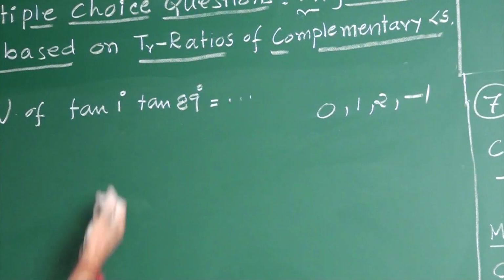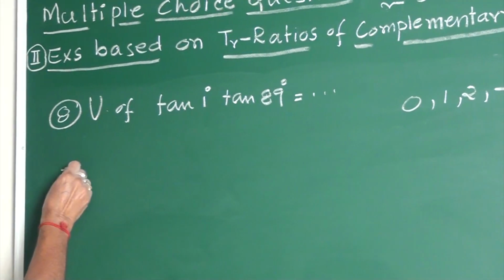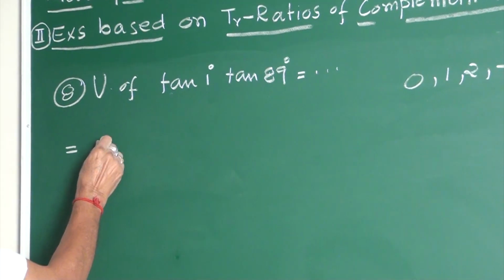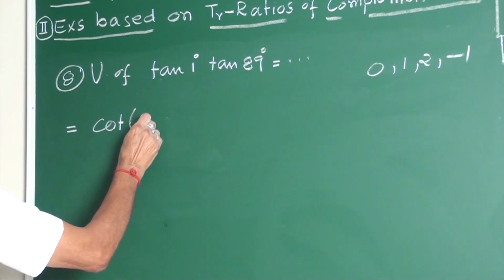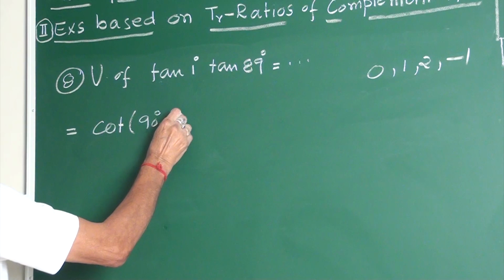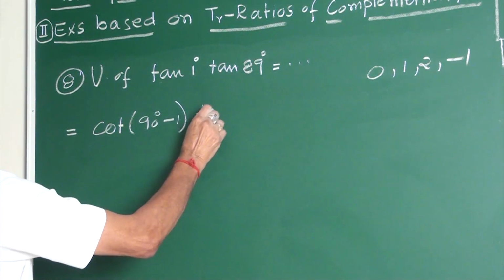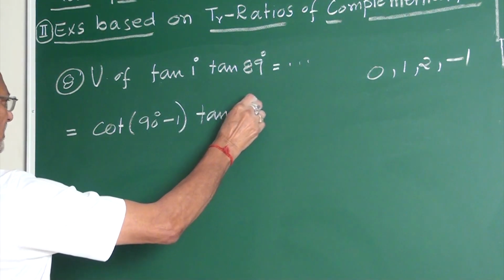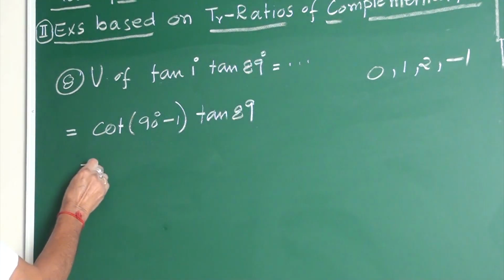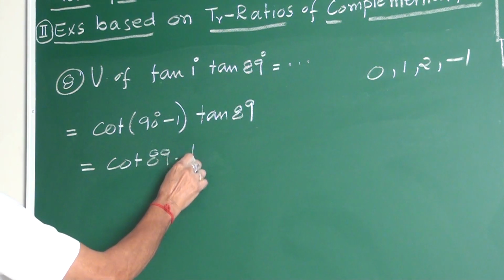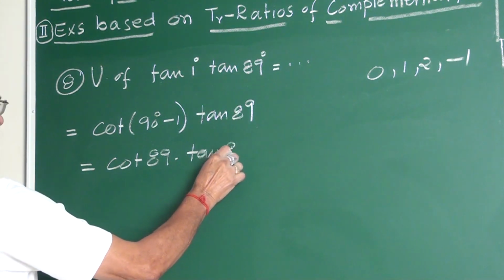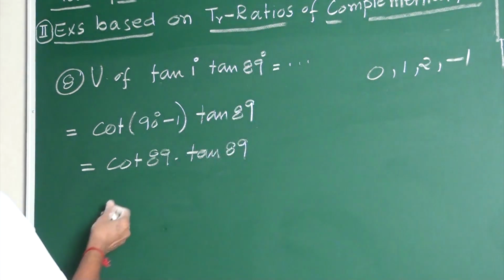I want to convert from tan to cot. Cot, what is it? 90 minus 1, this is 89, and write the other as it is. This is cot 89 into tan 89.